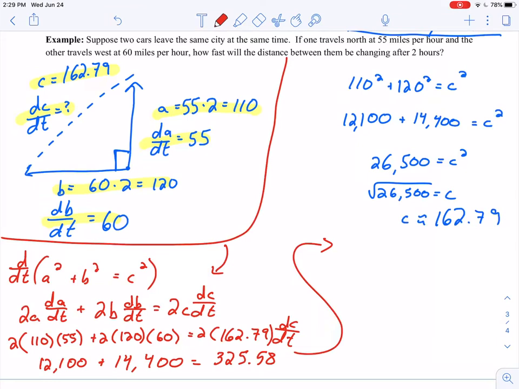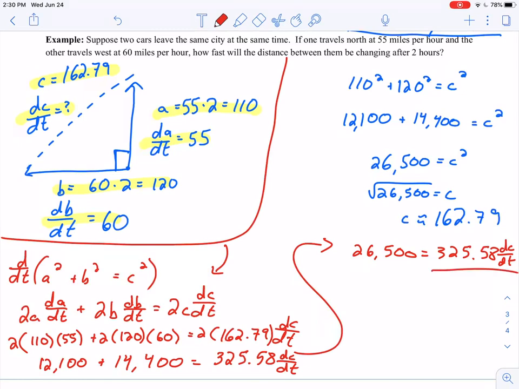So I've got 26,500 equals 325.58. And actually, if you'll notice, I forgot to bring down the dC over dt to the next step. So let me fix that over here. This should be 325.58 times dC over dt.